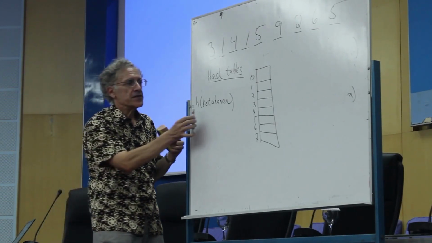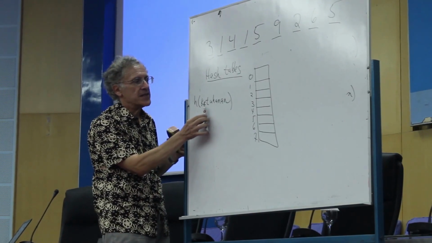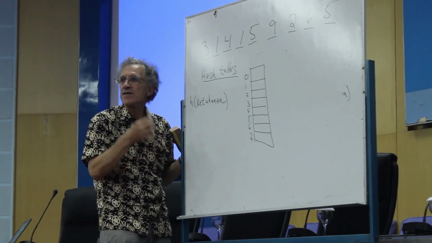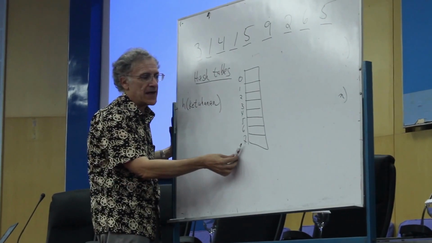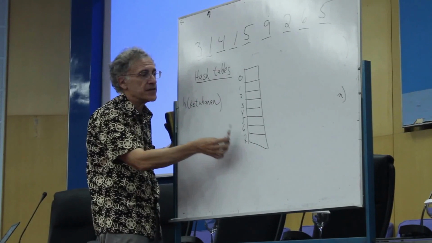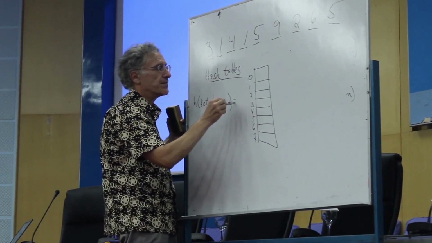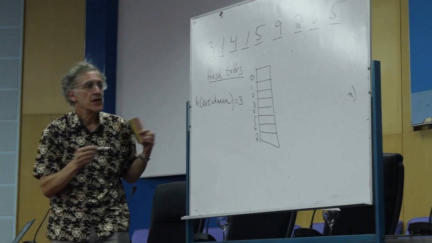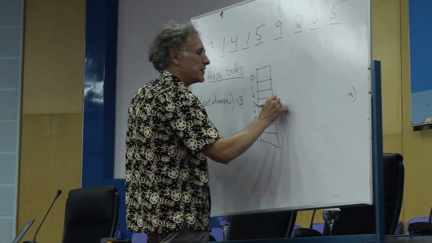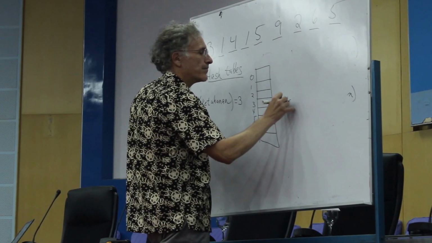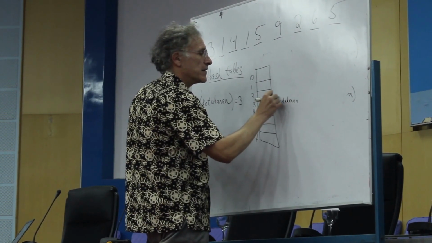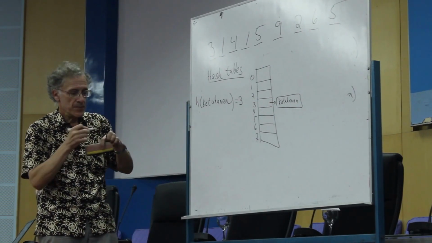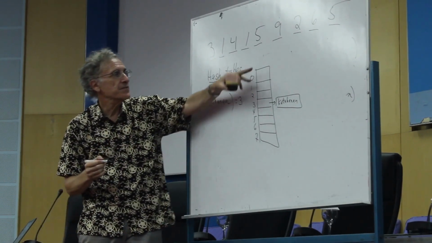And so, here's a number. Maybe you add this number, add this number, add this number. You add all the numbers. You then divide the answer by 8, the remainder is the h function. And let's say that the answer is 3. What I do then is I put this word here, pointed to by the 3rd element of my table.